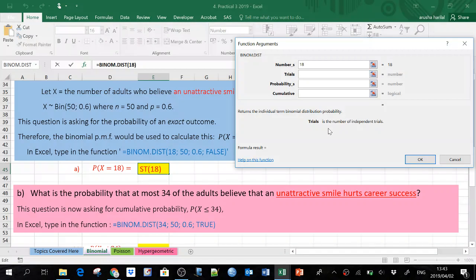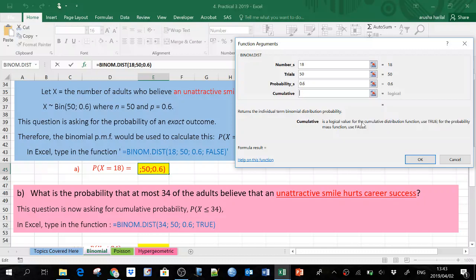Next, trials. Trials is the number of independent trials, so this is going to be your sample size. That is 50. P is the probability of a success. We know that the probability of a success is 0.6.